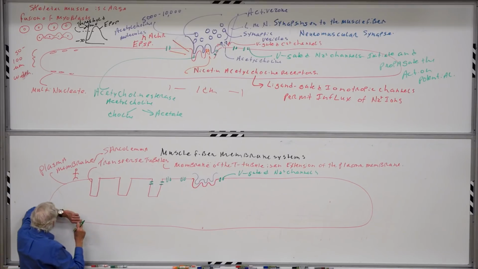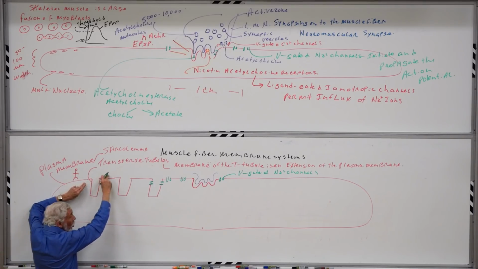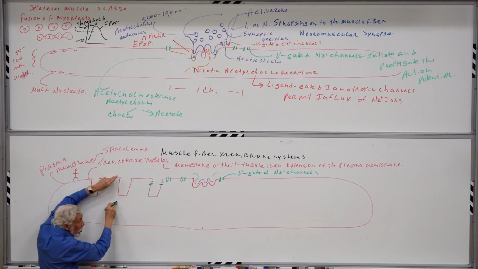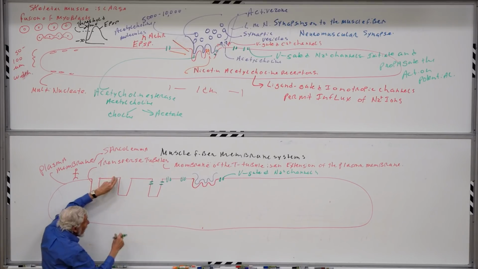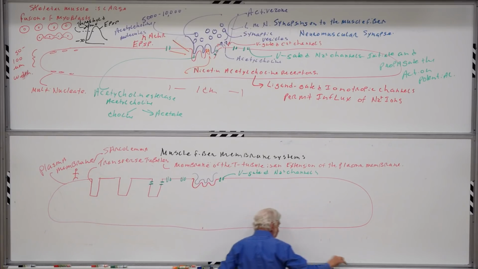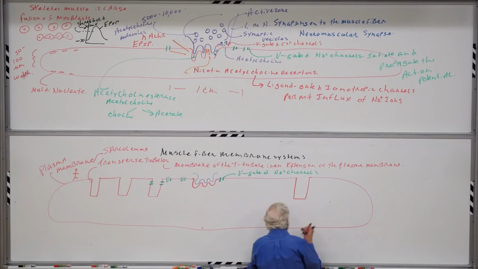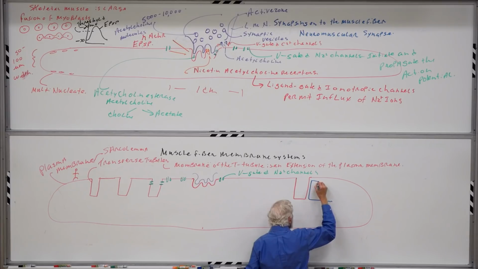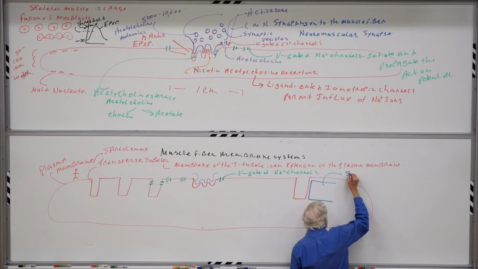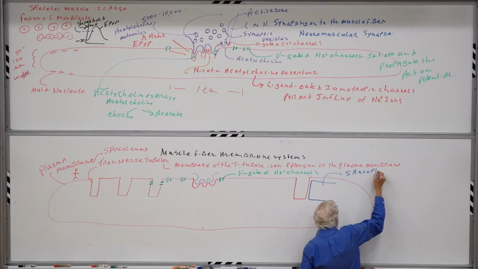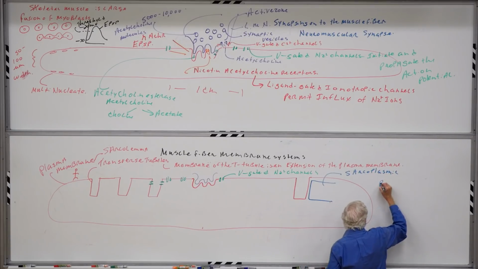So what do we have so far? We have the sarcolemma and an extension of the sarcolemma down to form the T-tubule membranes. And if we look carefully, we see that there's an extension of the T-tubule membrane. And then here, right next door, is a membrane of the sarcoplasmic reticulum.